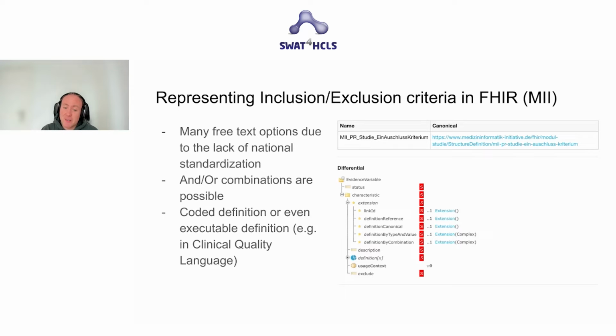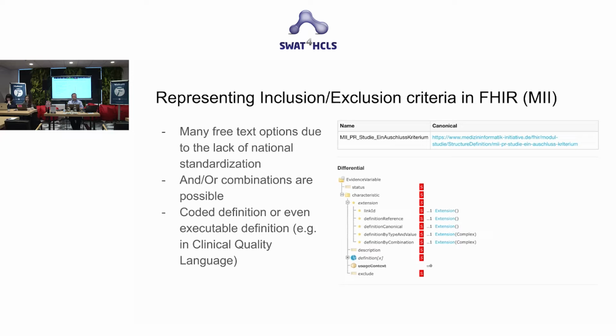So that's why we also give you the option in the implementation guide to include them directly without any computable transformation in order to make that metadata accessible. And I think that's it so far. Yeah, thank you.